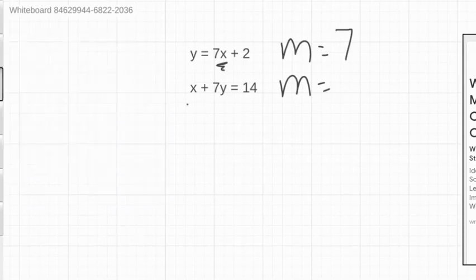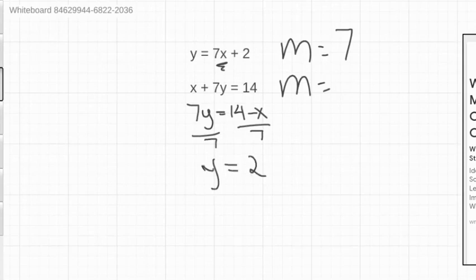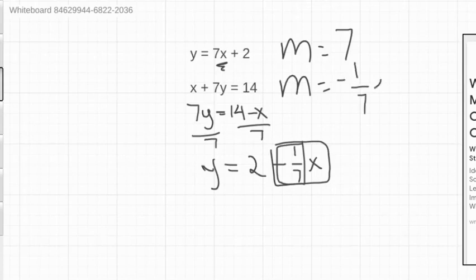So how we would do that is we would subtract x from both sides and get 7y equals 14 minus x, then divide by 7 and get y equals 2 minus 1 over 7 x. Now we can see that our negative 1 over 7 x is mx, and our negative 1 over 7 is our m, which is the opposite reciprocal of 7, so our slopes are perpendicular.